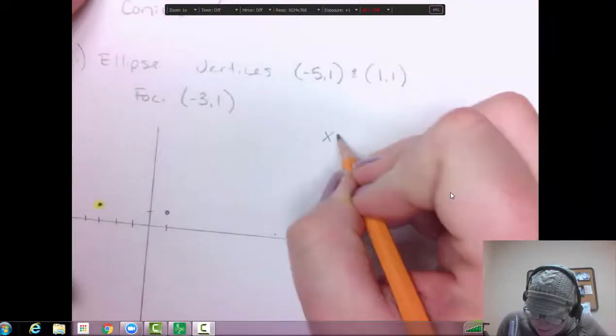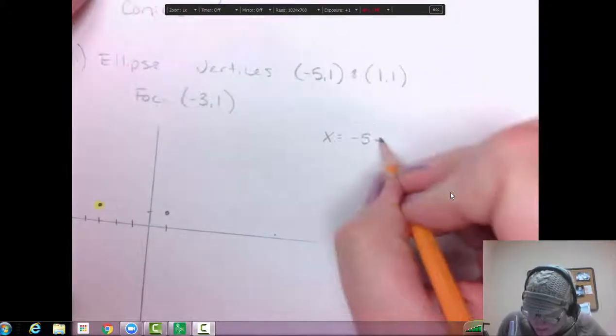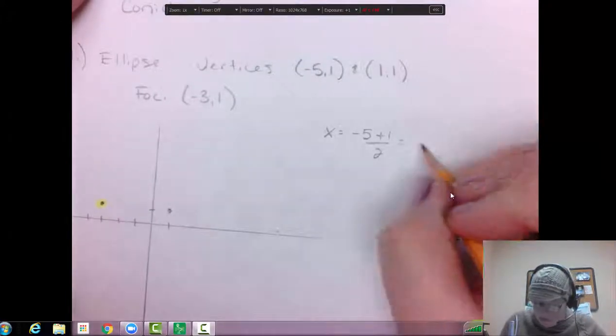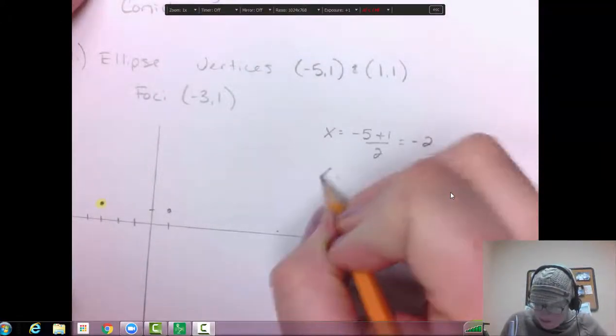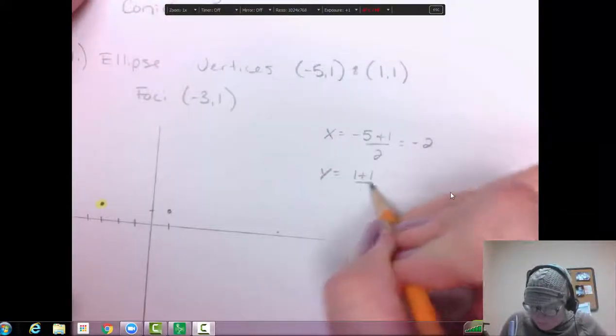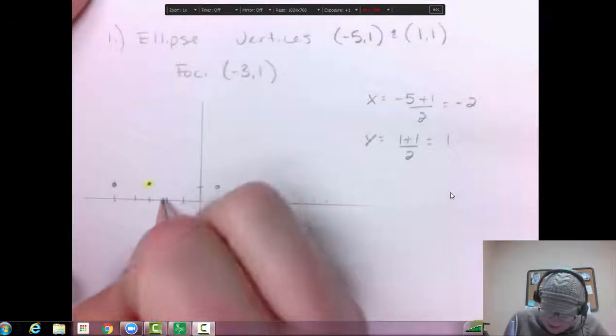For the x value, you take -5 plus 1, and divide by 2. That gets you -4 divided by 2, or -2. Then you do the same thing with y: 1 plus 1 divided by 2, and you get 1. So the center is at -2, 1.